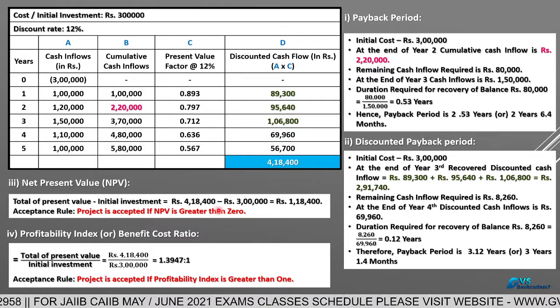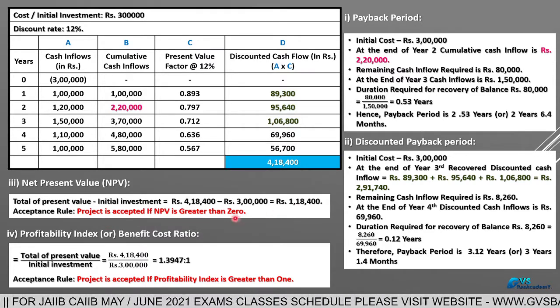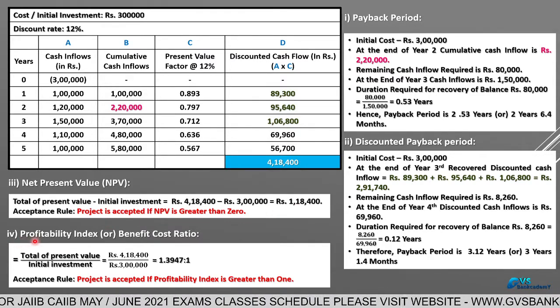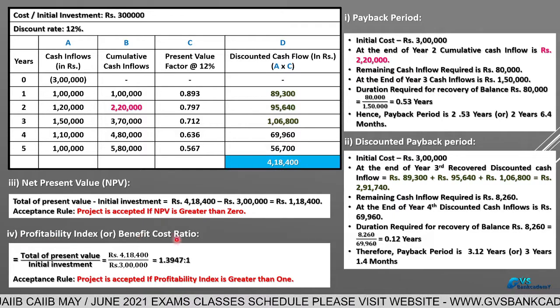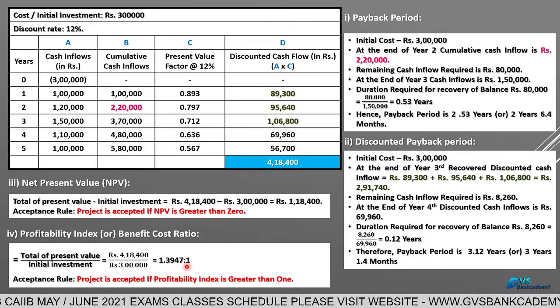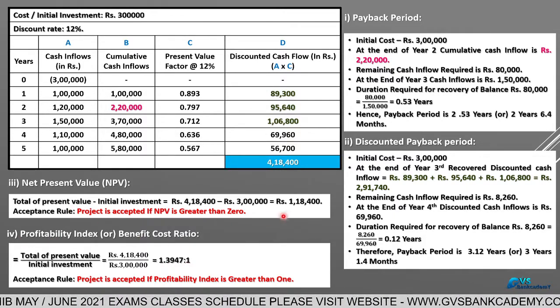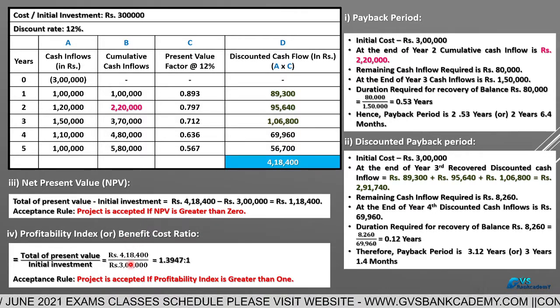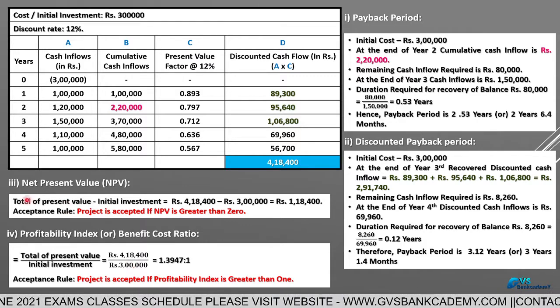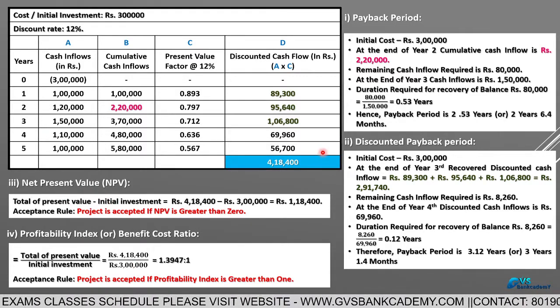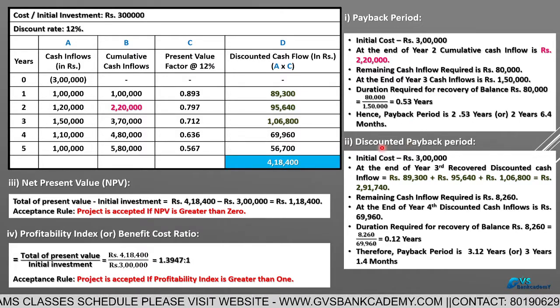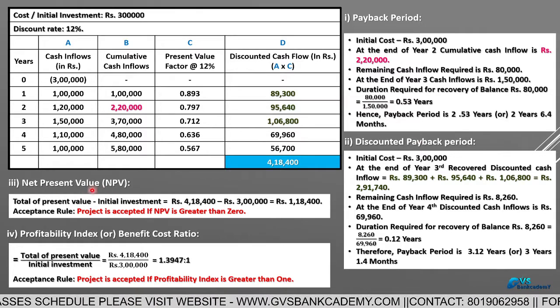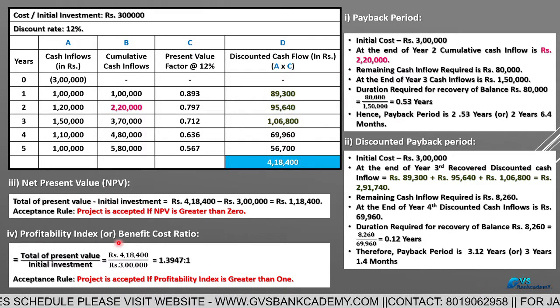If the net present value is negative, automatically the benefit cost ratio is less than 1. So this is the presentation about this. These are the discounted cash flow techniques: discounted payback period, net present value, and profitability index or benefit cost ratio.